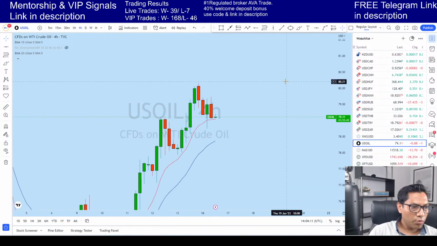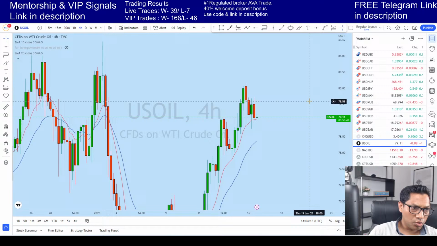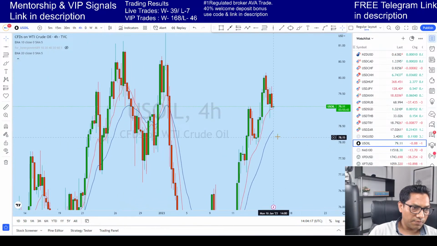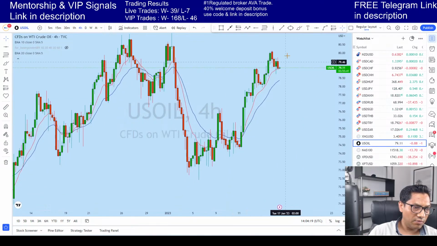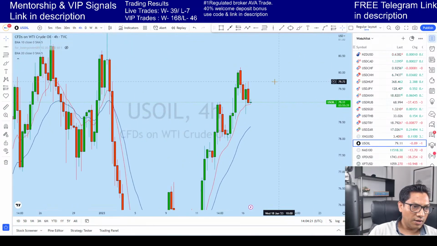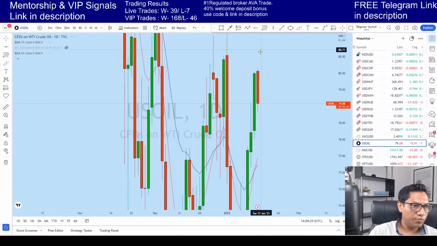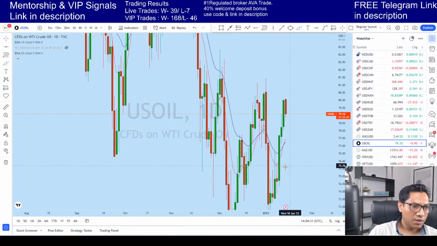There is one probability for US oil to drop slowly from this level, because the price already reached a level of resistance, and from that resistance the price may continue to drop. On the daily we see there has been a big impulse, not enough correction.